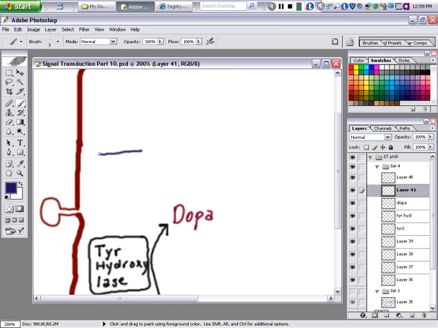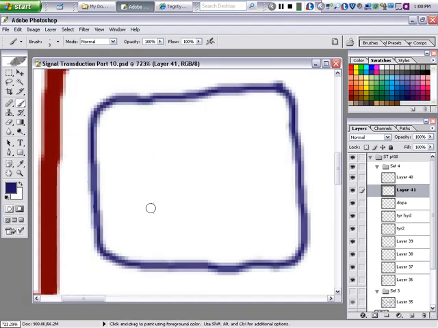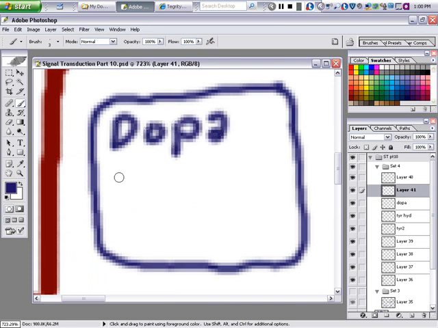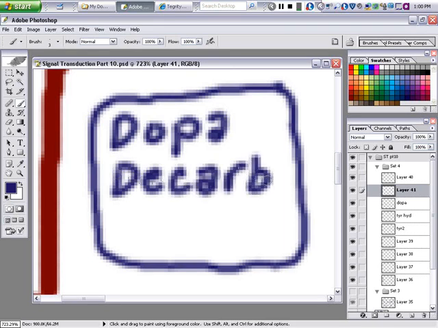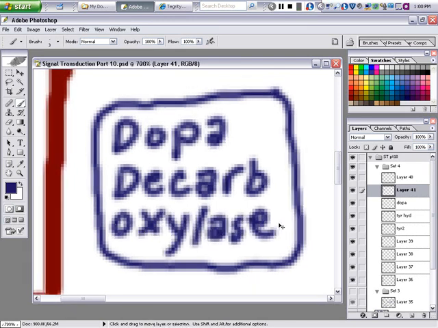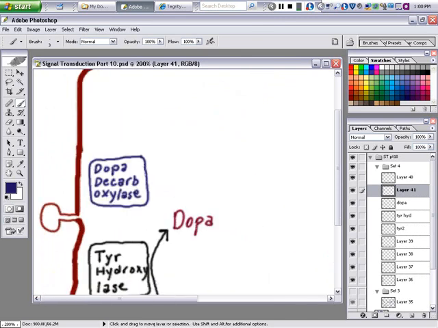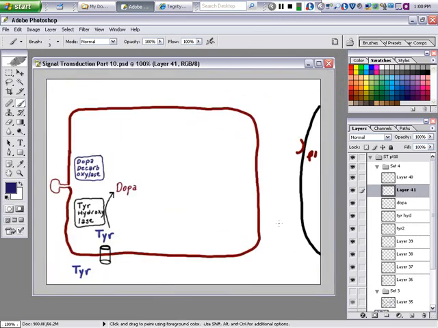And this enzyme is called DOPA decarboxylase. And so DOPA decarboxylase is going to remove something from DOPA. What? Exactly. It's going to remove a carboxyl group.